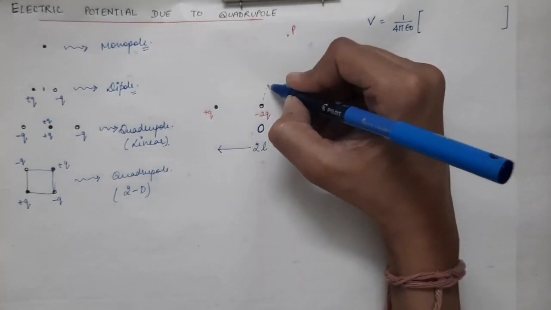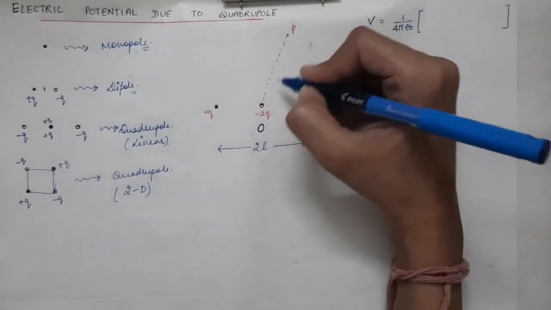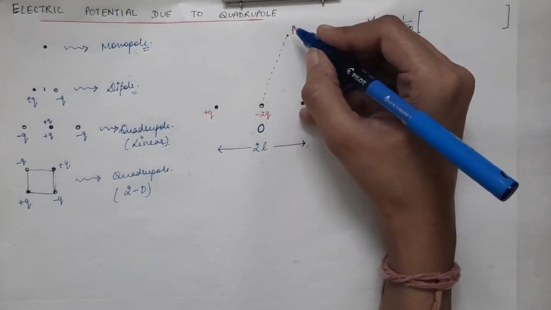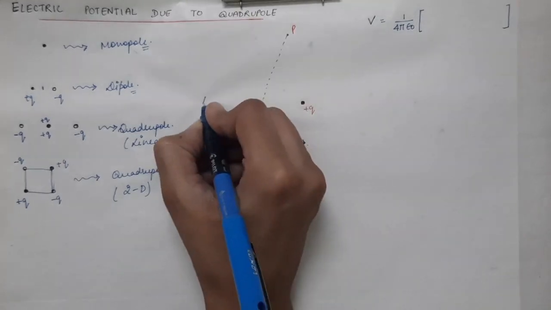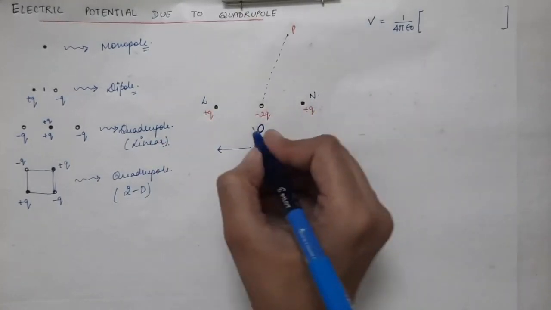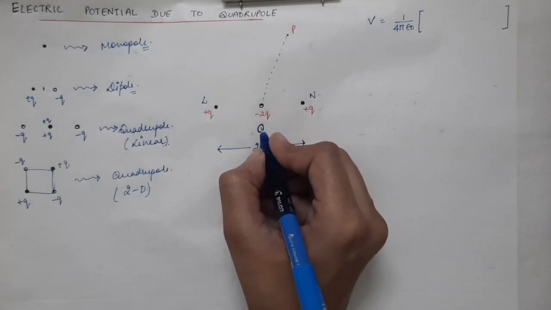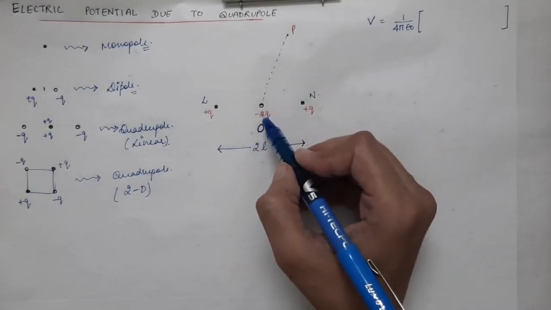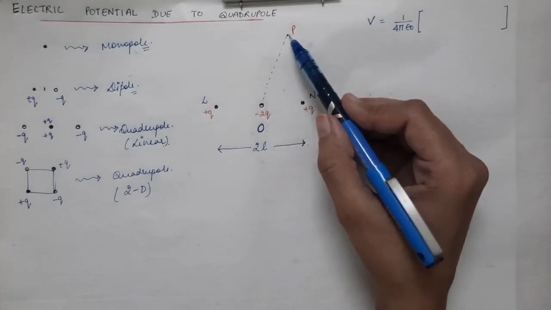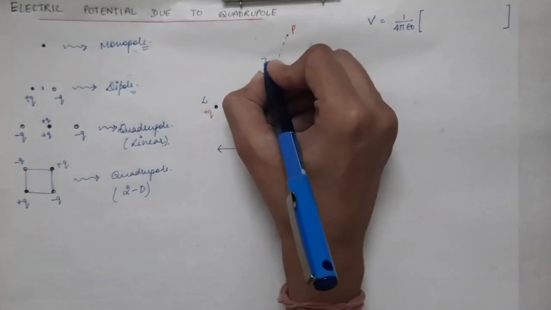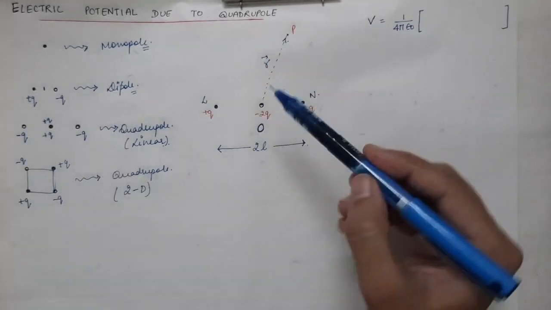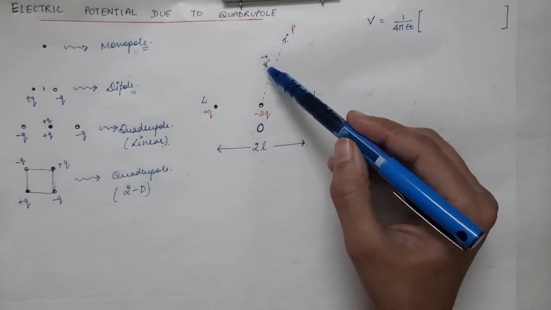So this length will be considered as the position vector of this observation point. In this case also, let's say I denote this side as L and this point as N, and this point can be considered as O because it is the origin of the coordinate system. So this length OP vector, let's say this is the R vector. As in the case of electric dipole, we considered OP vector as R vector.